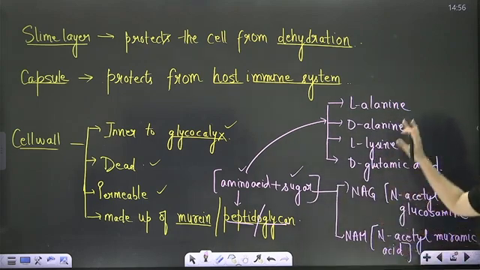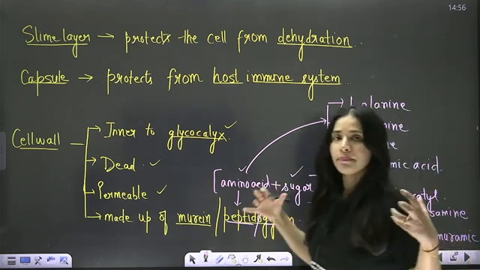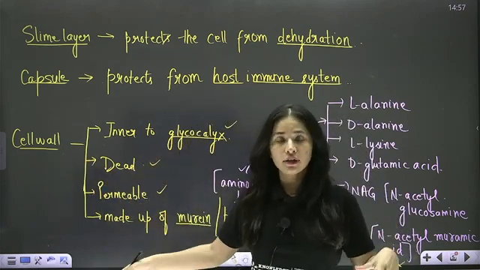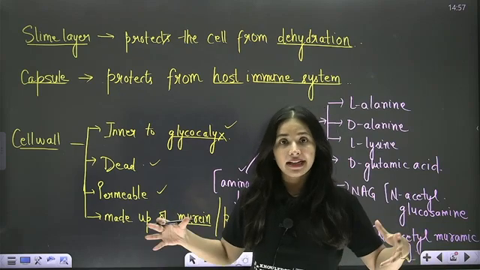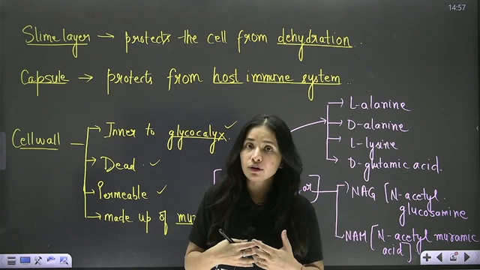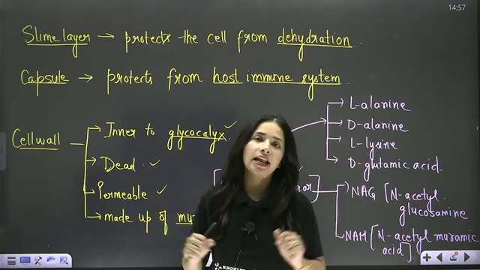Correct? So these 6 components bind together with the help of a bond to form one unit of peptidoglycan. Like this, so many units of peptidoglycan are present, which again cross-link to form the cell wall.